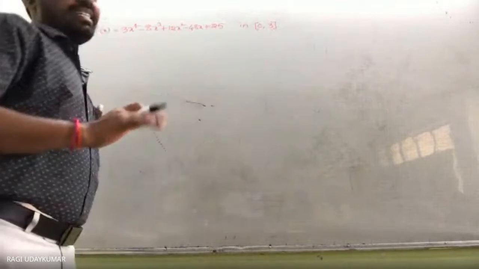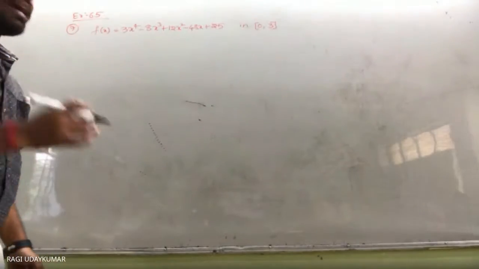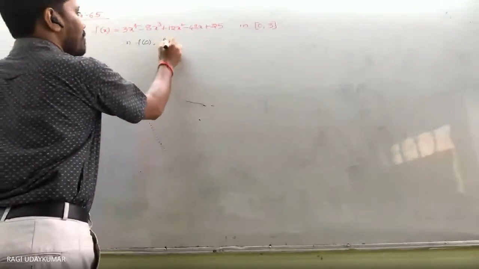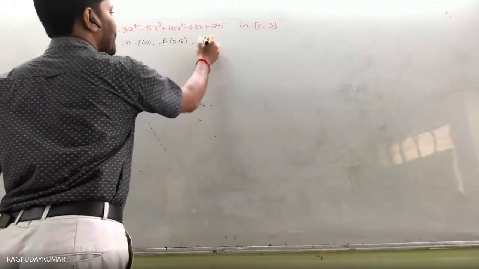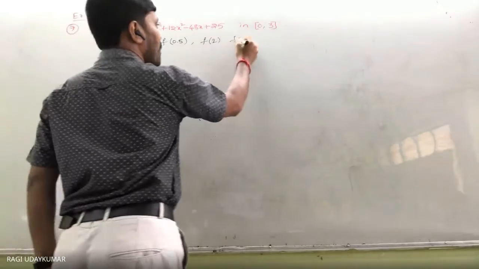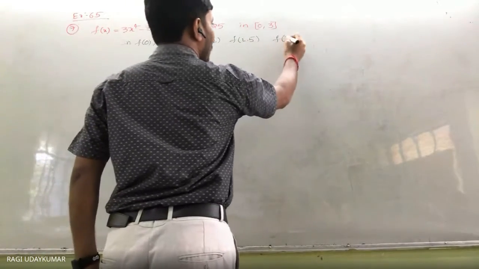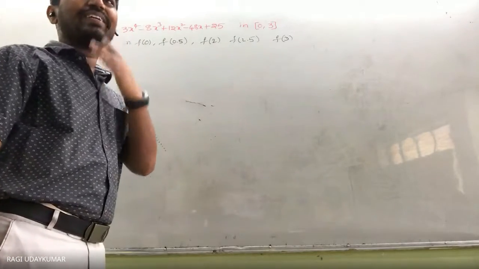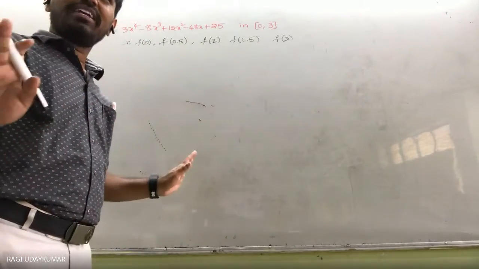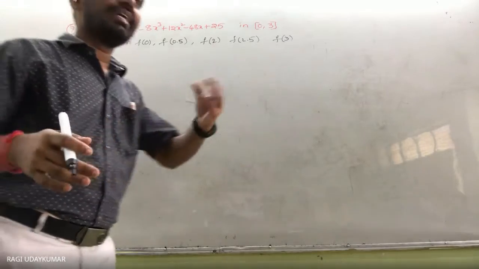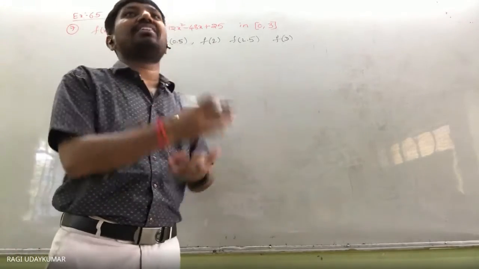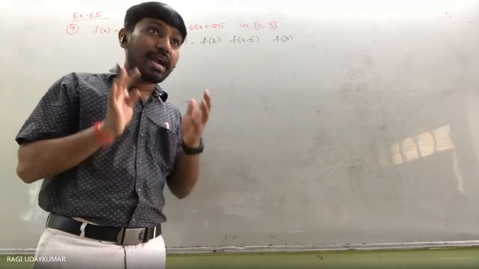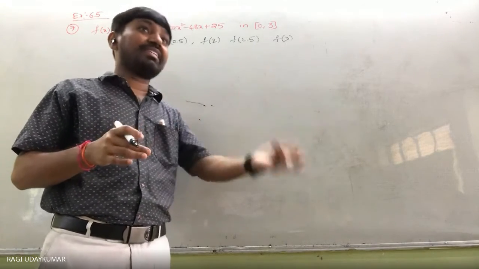Don't substitute like that. A question may be asked: among f of 0, f of 0.5, f of 2, f of 2.5, f of 3, which is maximum? A question can be asked like that. This is only the application of derivatives. You can apply this application even in physics and chemistry also.